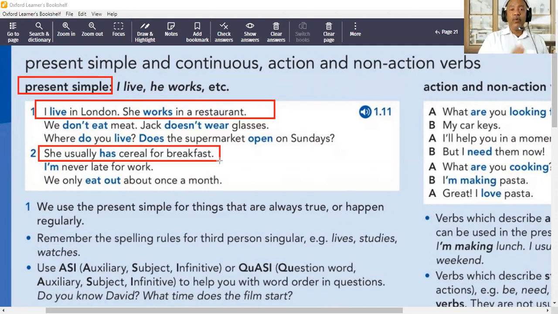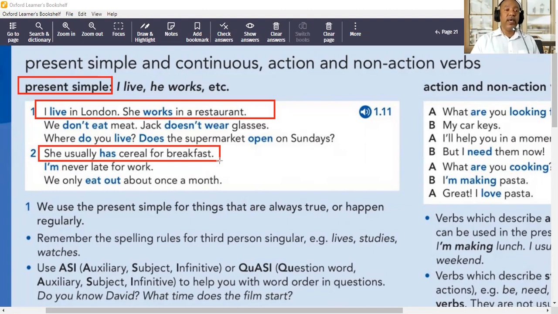And the second moment is when we use he, she, it, or the singular, right? Like she works, he works, my dog works. Okay, so these two moments are very distinct, and you need to be aware of these uses.